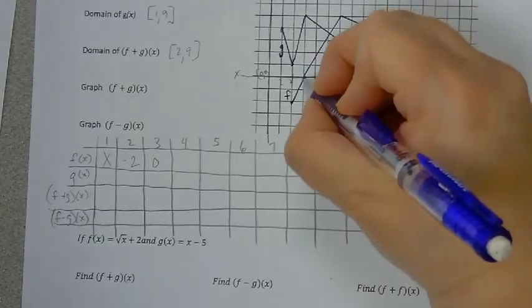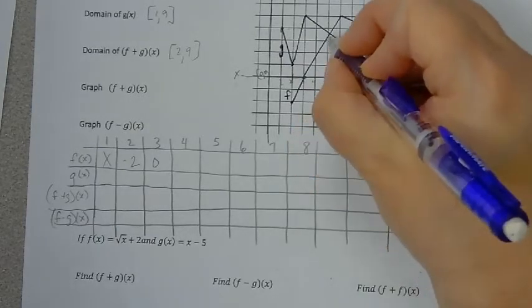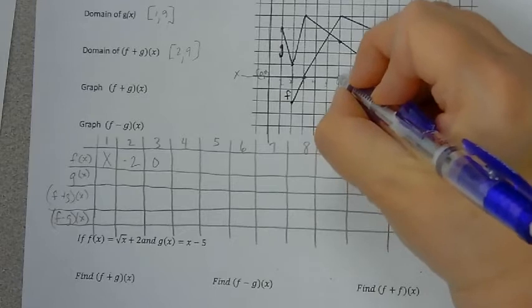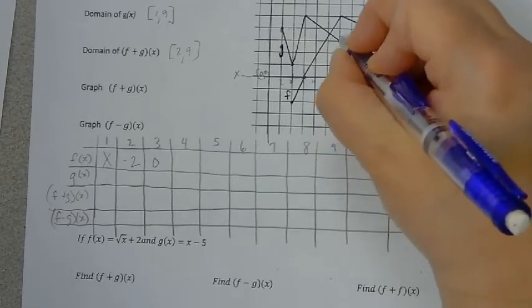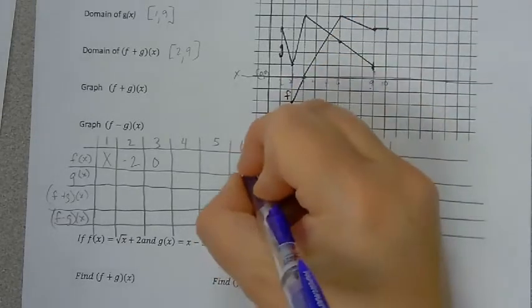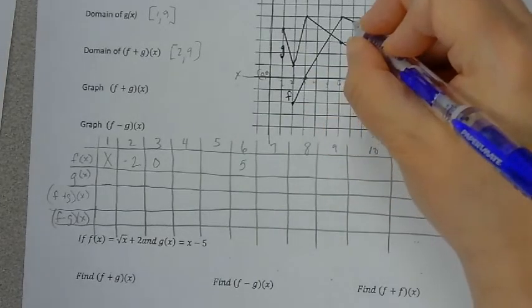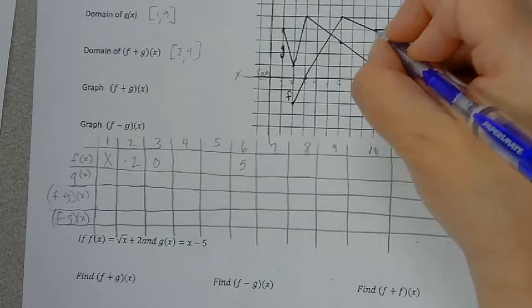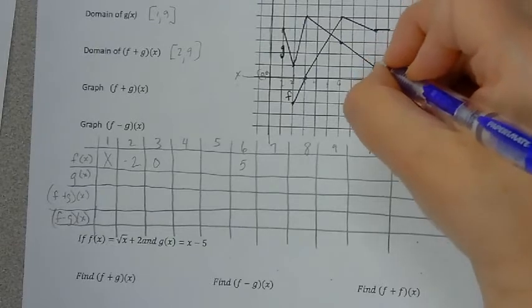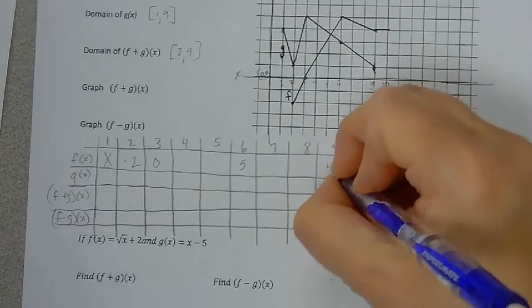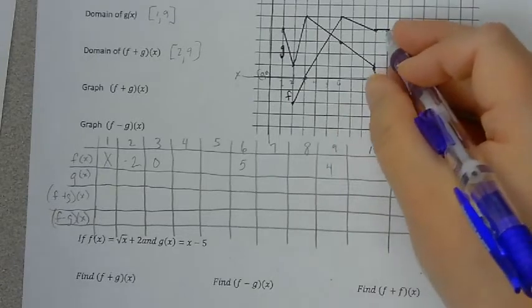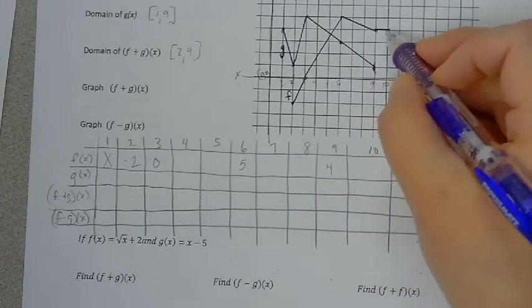At 5, it's kind of in the middle. At 6, it looks like f is up here at 5. At 7, f is in the middle. I'm going to leave it, but at 9, I can see that it is at 4. And at 10, the f function is also at 4.